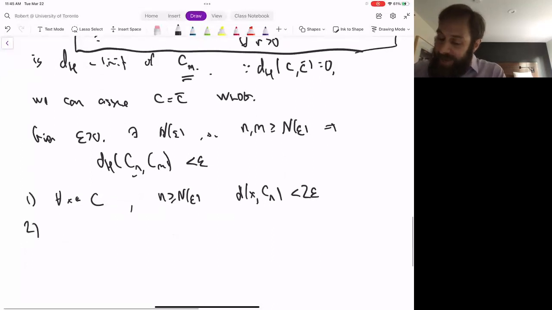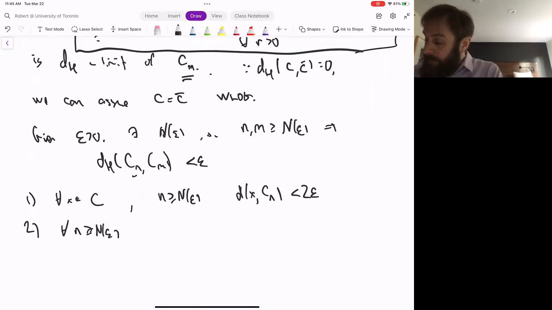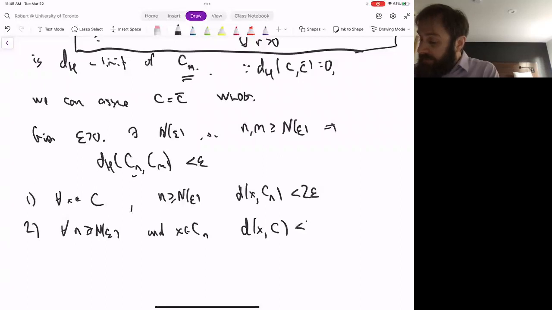And I also need to check that for every n sufficiently large and x in C_n, the distance between x and C is also less than 2 epsilon.